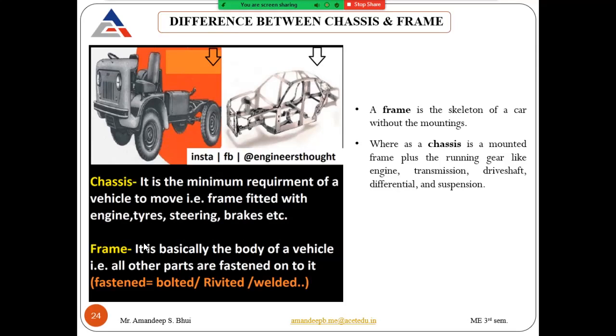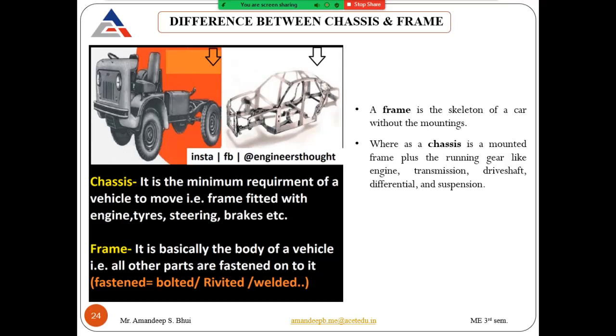Now what is a frame? It is basically the skeleton of any automobile. It is basically the body of a vehicle, that is, all other parts are fastened to it. So the diagram on the right hand side is the frame of an automobile. All the other parts are bolted or riveted or welded with this frame to make it into a complete vehicle.